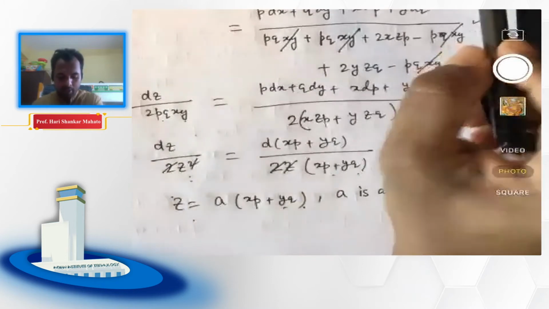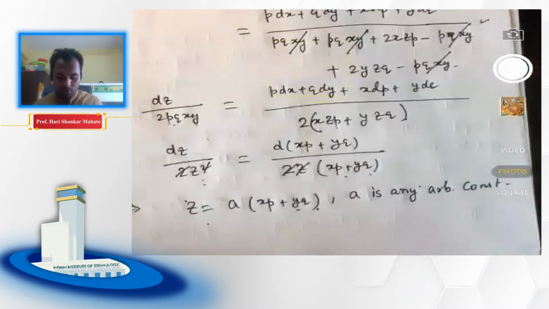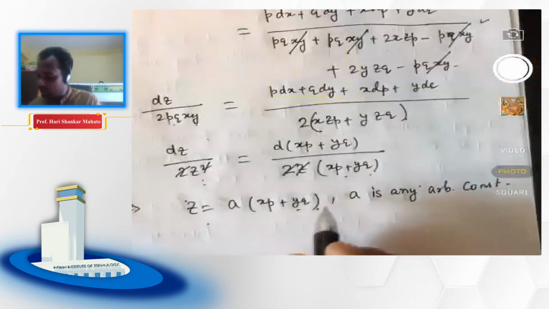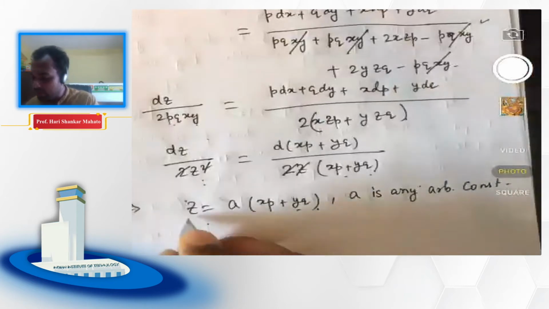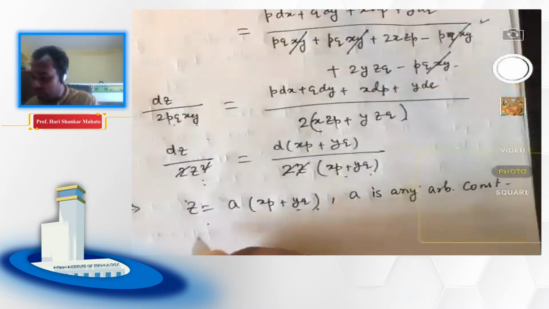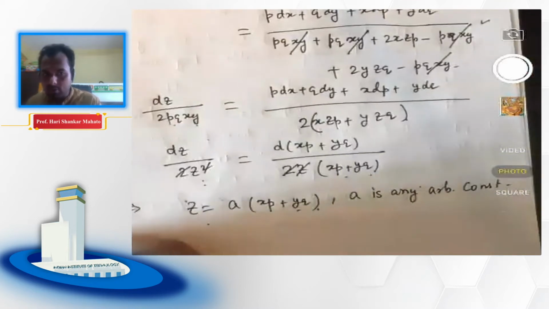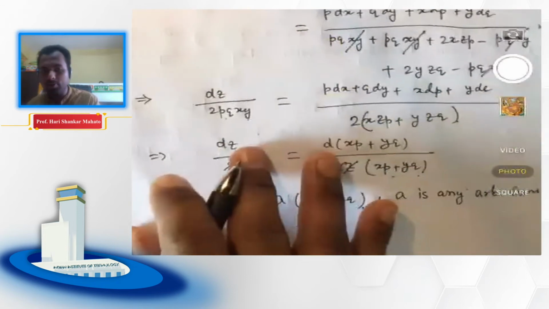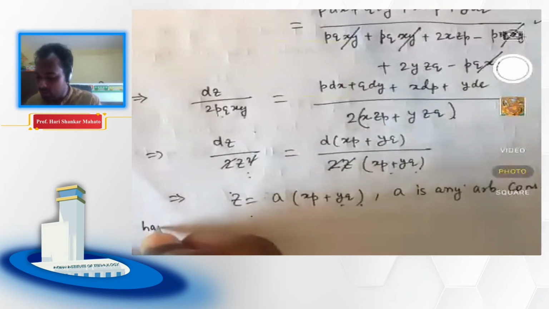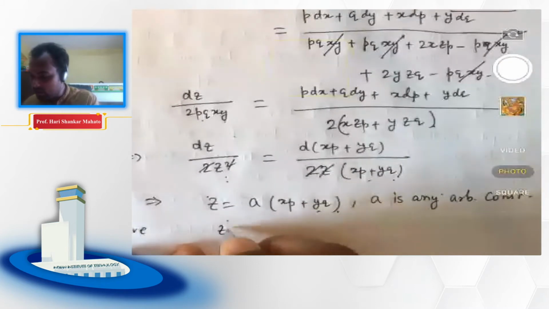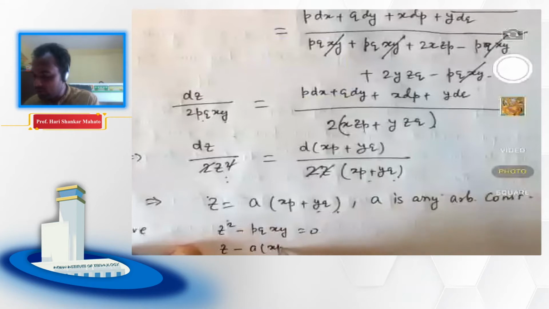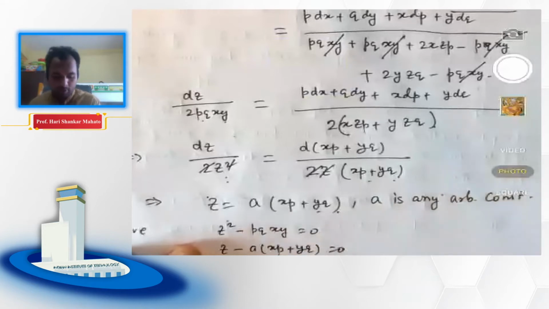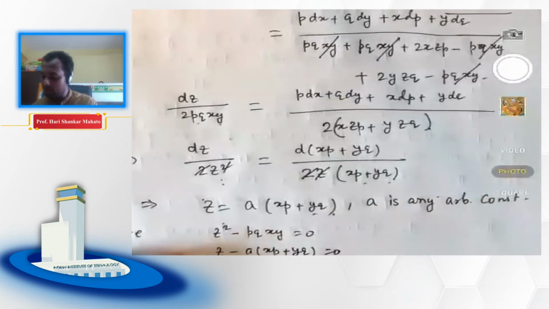Okay, so now if we want to solve this given PDE, how can we do that? First of all, we have z equals a(xp plus yq), and anyhow we have to obtain the values of p and q. So we have z square minus pqxy equals 0, and z minus a(xp plus yq) equals 0. So these are the two things that we have.